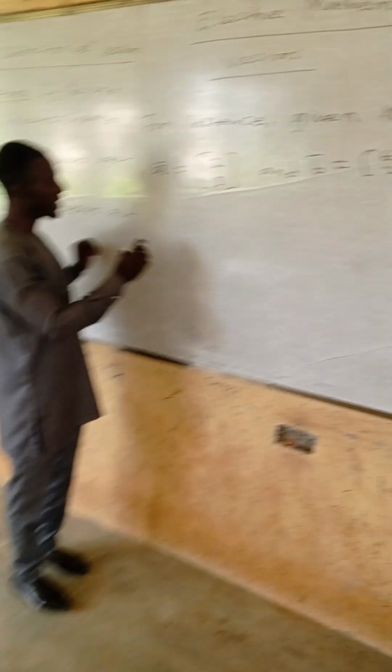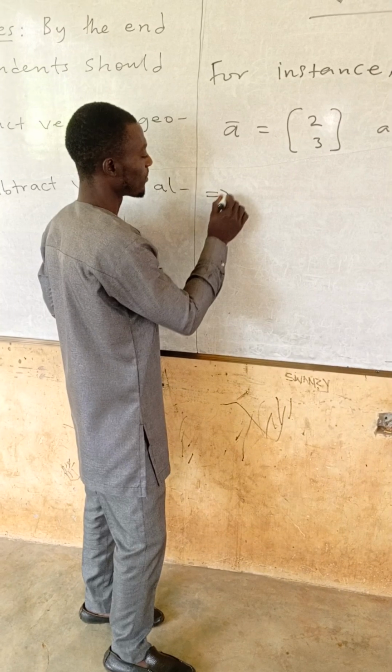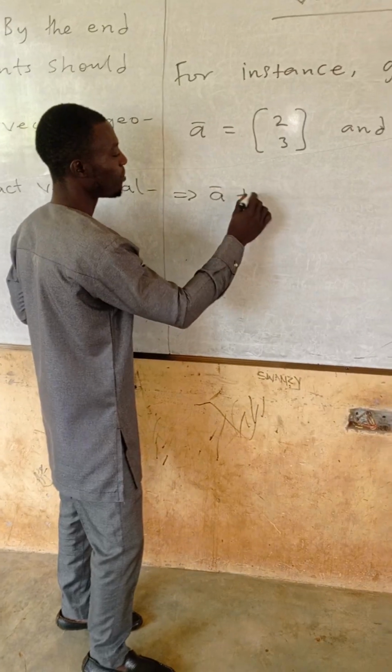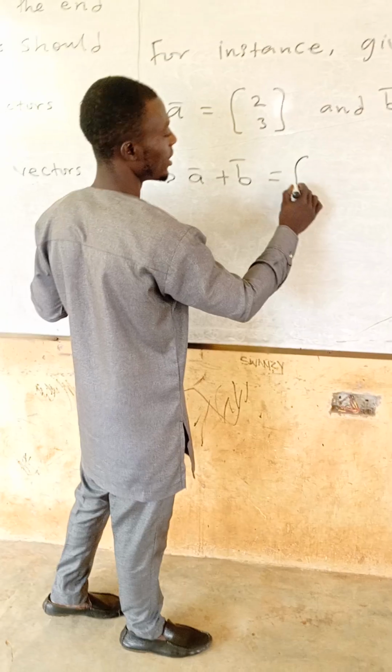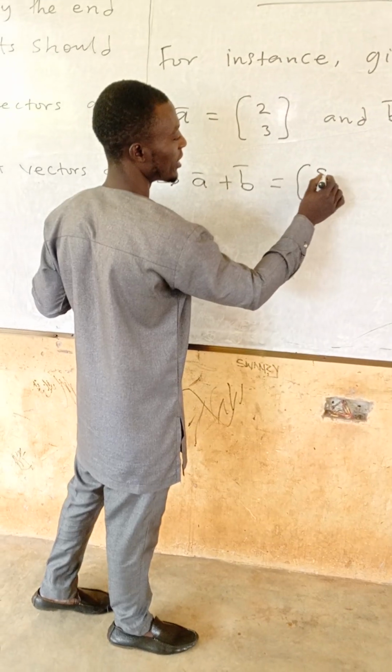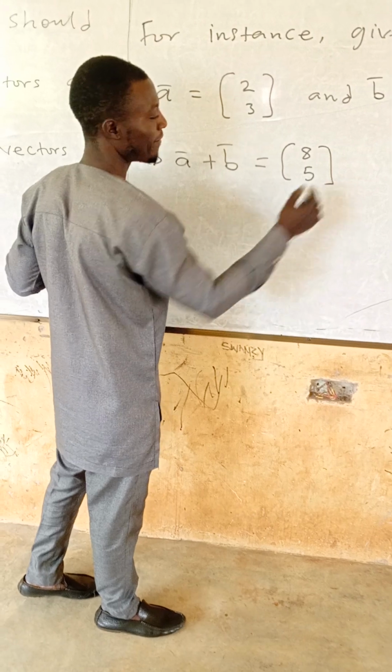So therefore, we can say that from the graph, vector A plus vector B is equal to the x, we got 8, and then the y, we got 5.